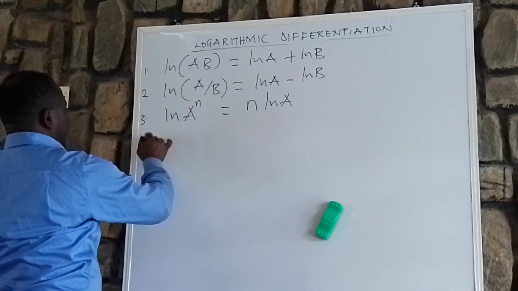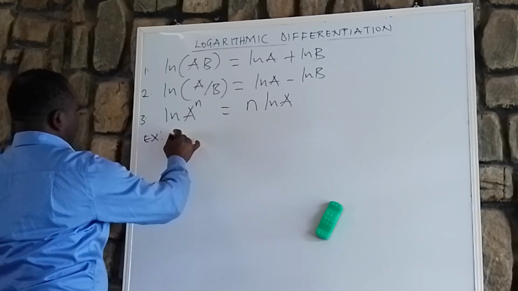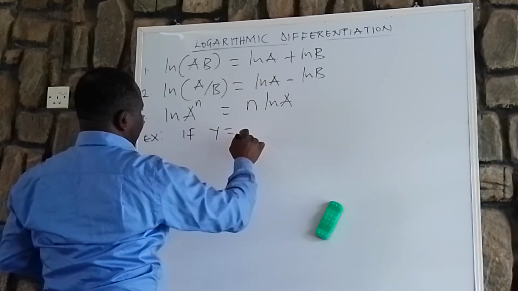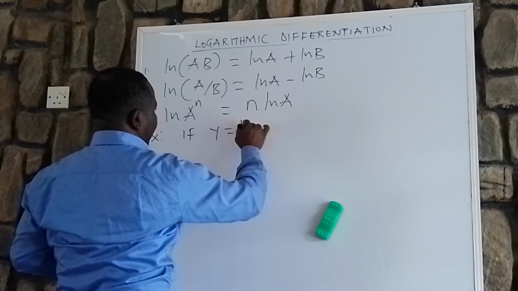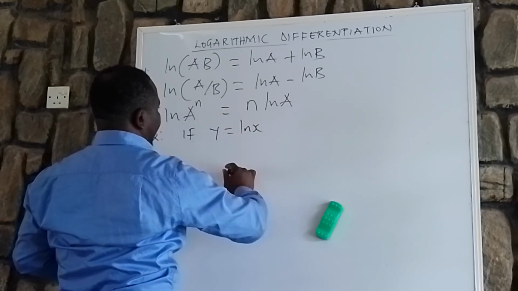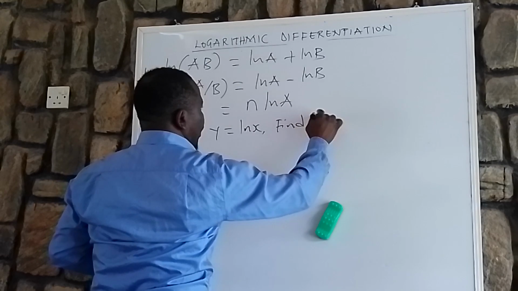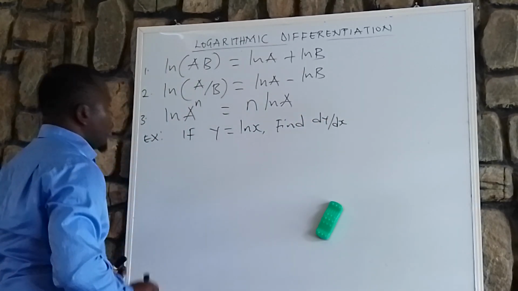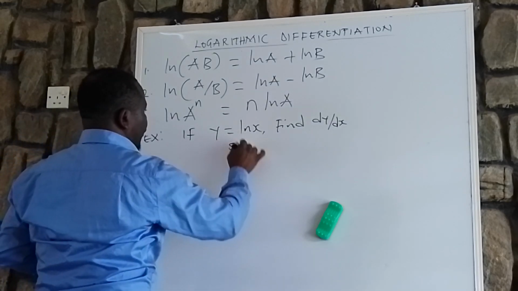Example. Assuming you are asked, if y is equals to ln x, then find dy all over dx. Okay, so let's write the solution.